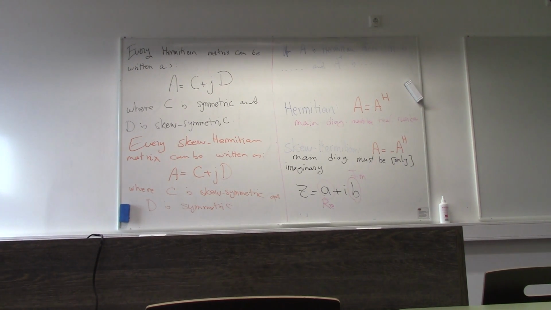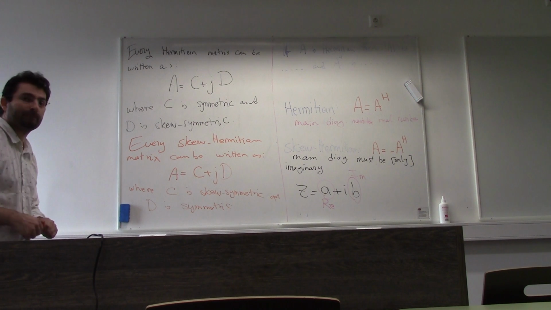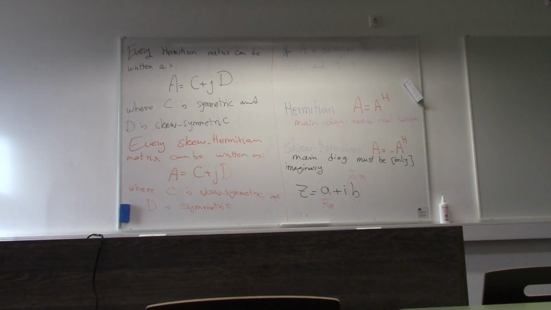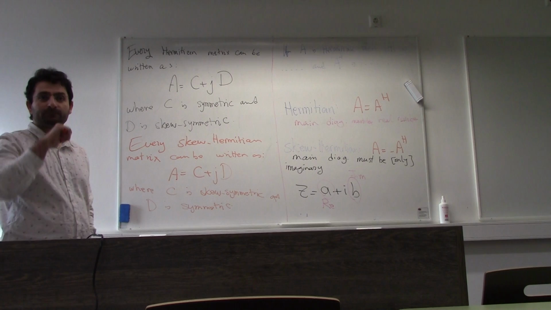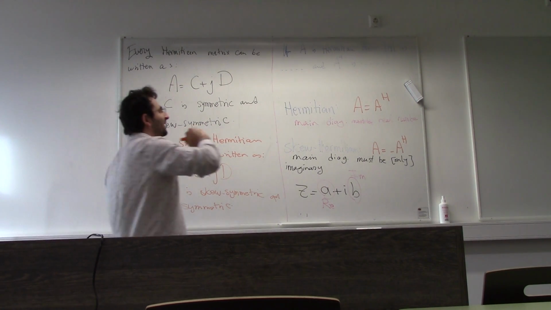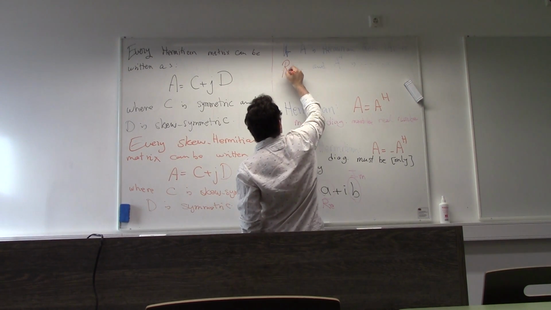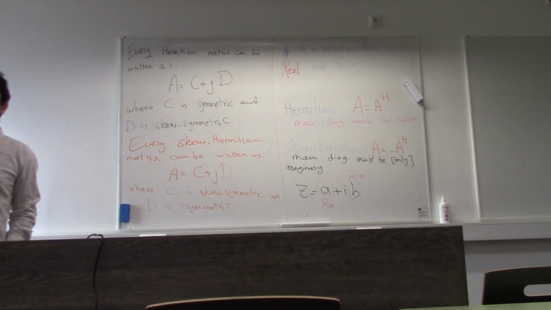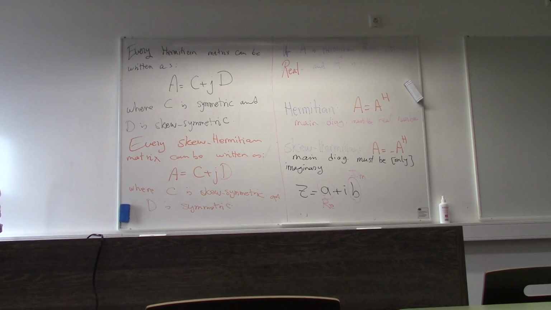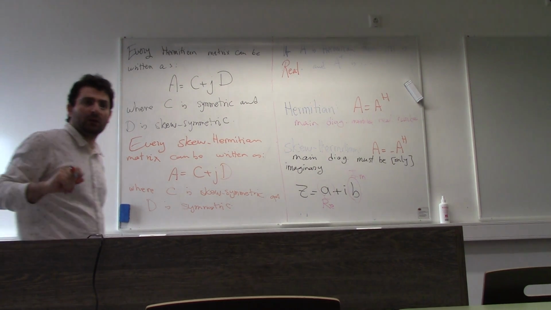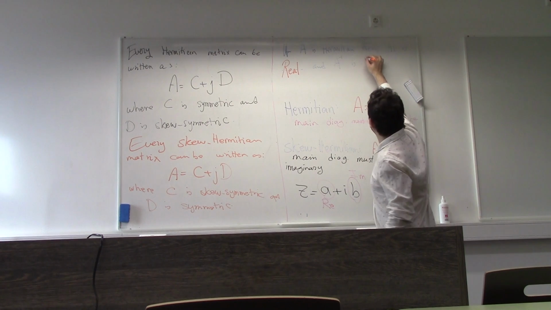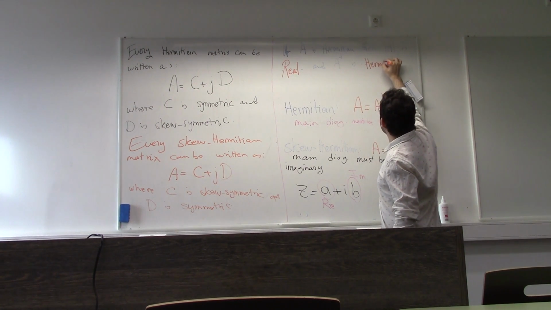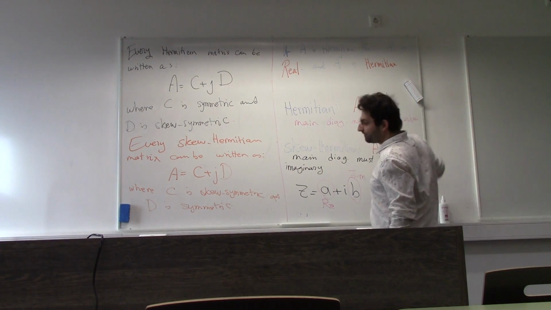Now, what can we say about the determinant of A? The determinant of A will be real. And what can we say about the inverse of A? It will also be Hermitian.